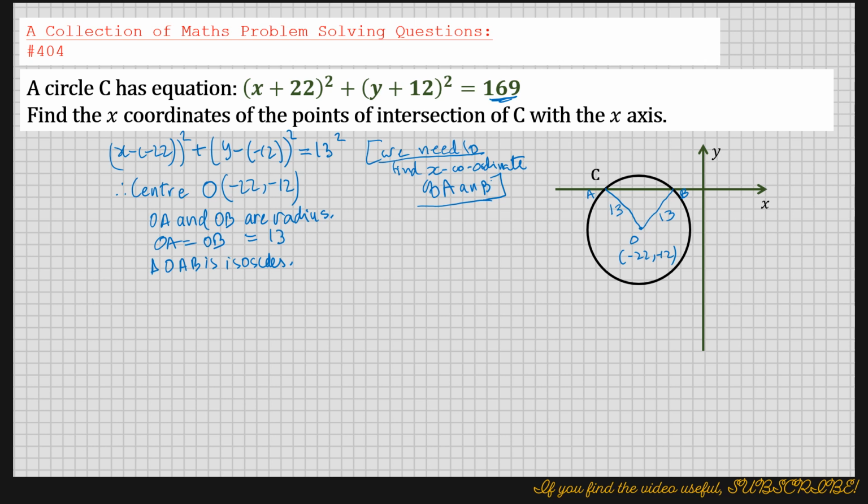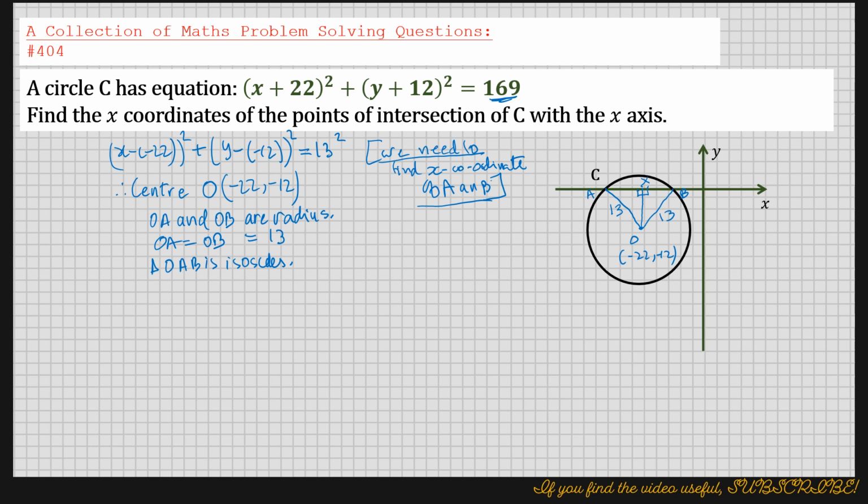Then if I drop a perpendicular from O onto AB, you see this perpendicular is bisecting AB. It is important, otherwise we can't continue with this question.